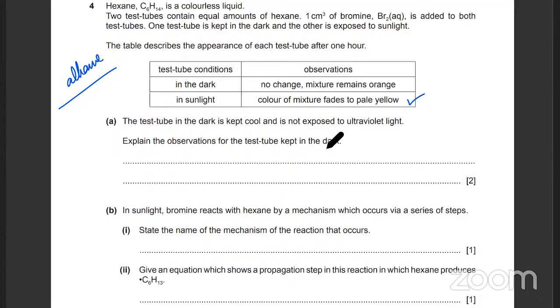So explain the observations in the dark. The simple answer is, why is there a reaction happening? Because free radicals are being produced. UV light or sunlight produces free radicals of bromine.